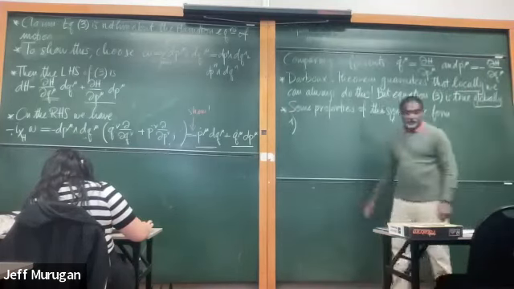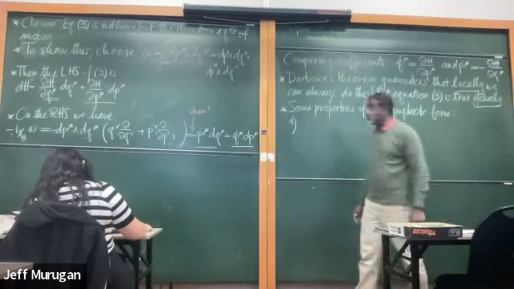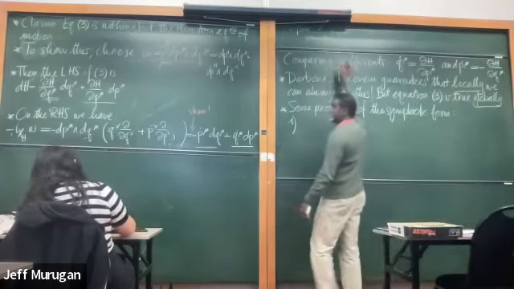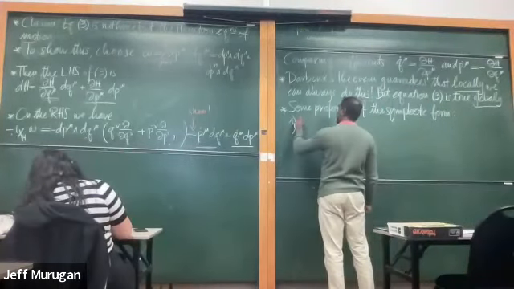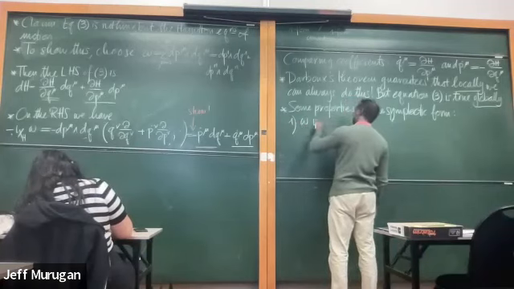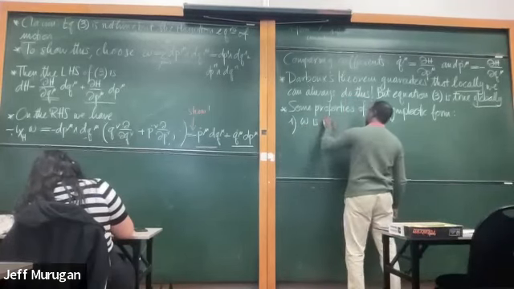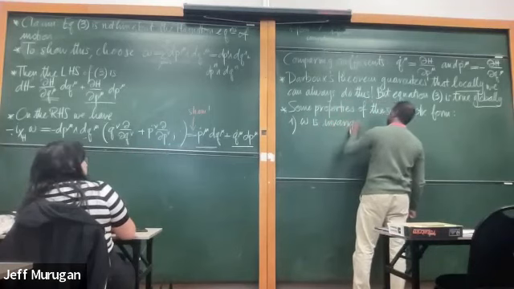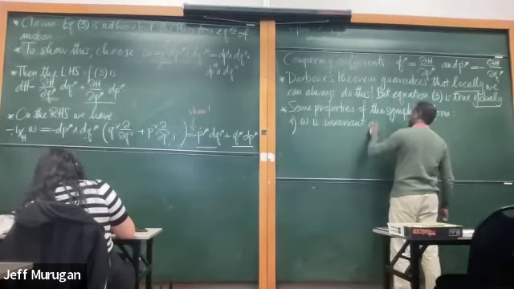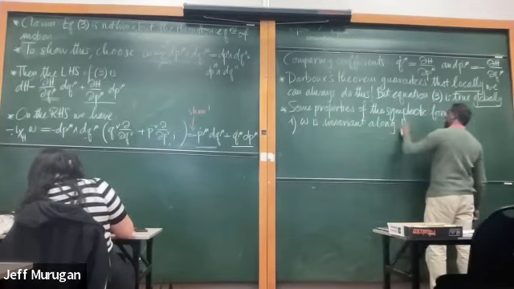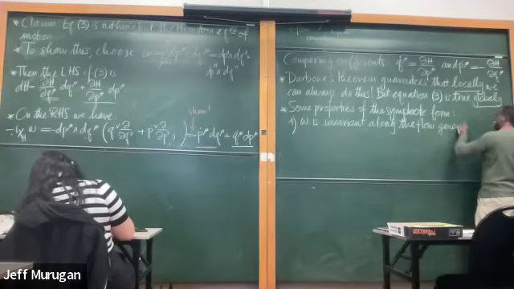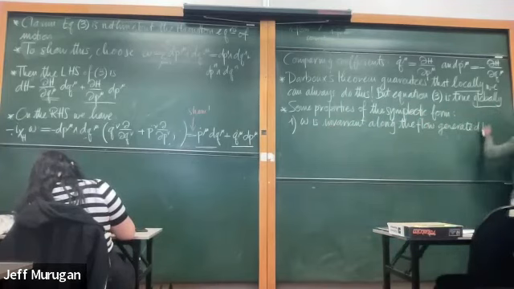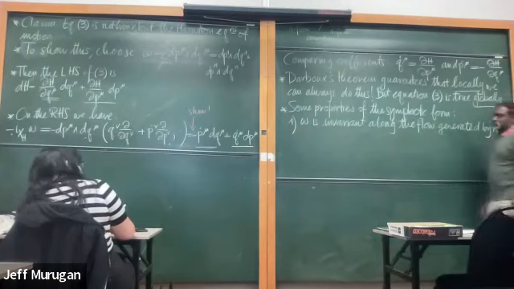One is that the symplectic form is invariant along the flow generated by the vector field, the velocity vector field. So what I mean by this, omega is invariant along the flow generated by the velocity vector field.